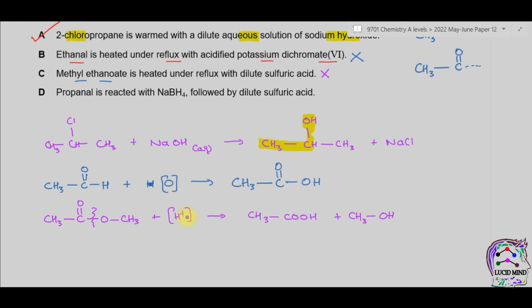Now the last one. We have propanal, which is a 3-carbon aldehyde, CH3, CH2, C double bond O, H. It is reacted with NaBH4, which is a reducing agent, so it can reduce the aldehyde back to a primary alcohol, CH3, CH2, OH.